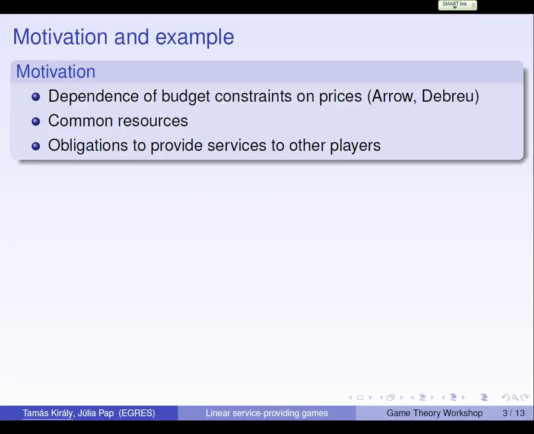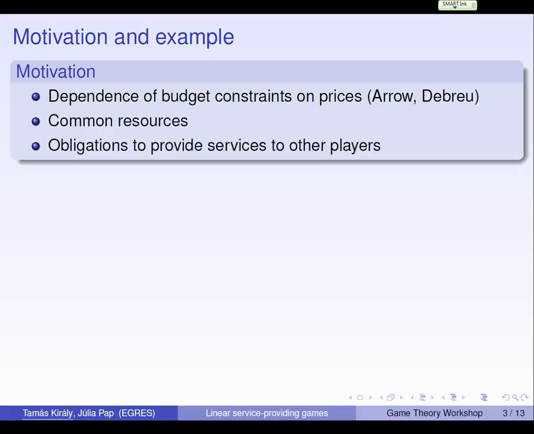How did this come up? So actually, this was defined by Debreu for market equilibria, and they modeled the dependence of the budget constraints on prices. So one way that the theorem could be explained is that there are production players, there are consumption players, and there is a market player, and the market player sets the prices.